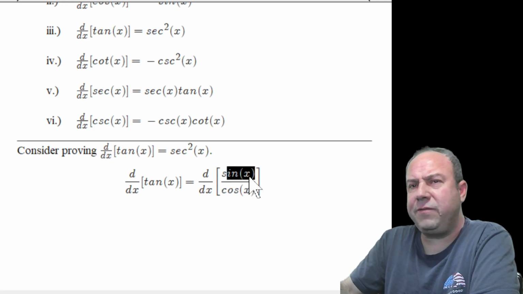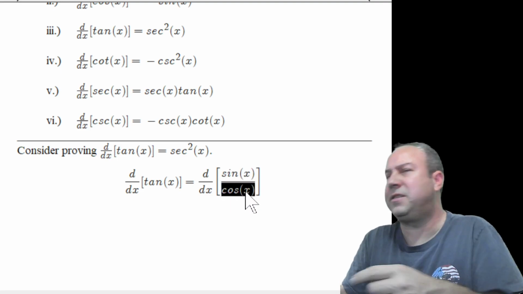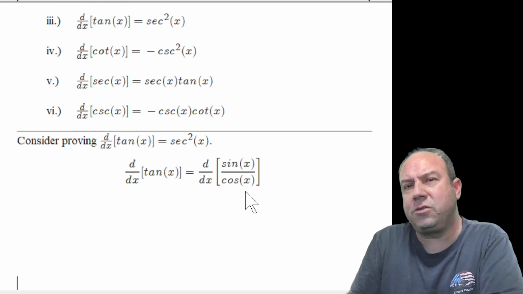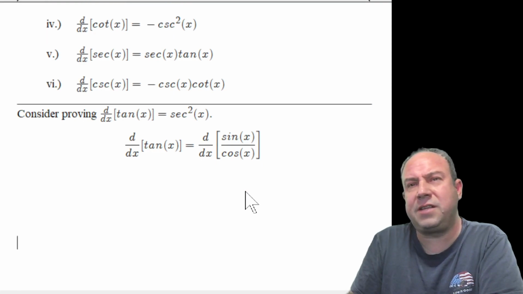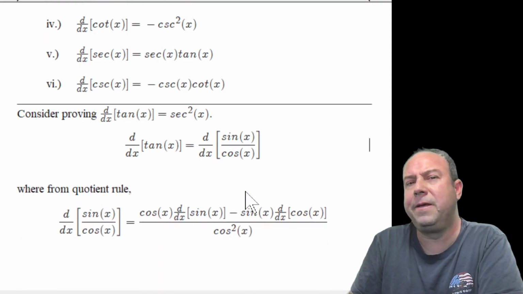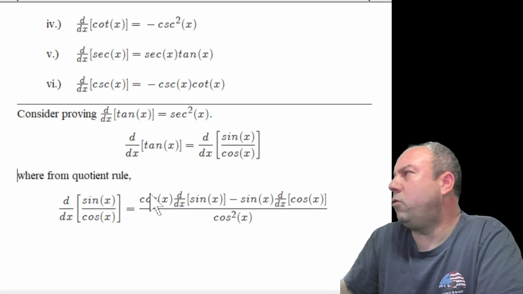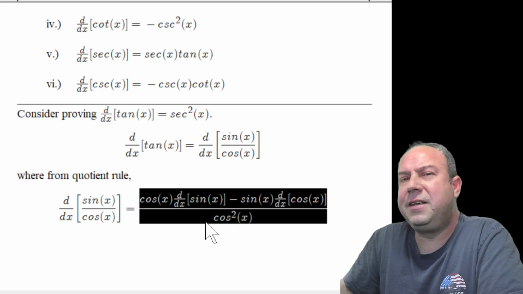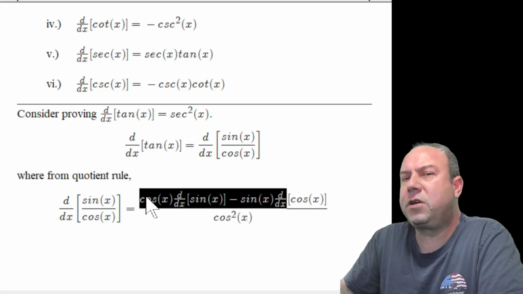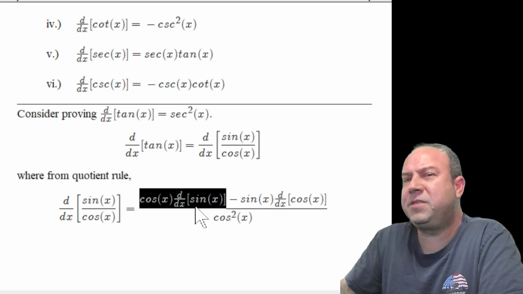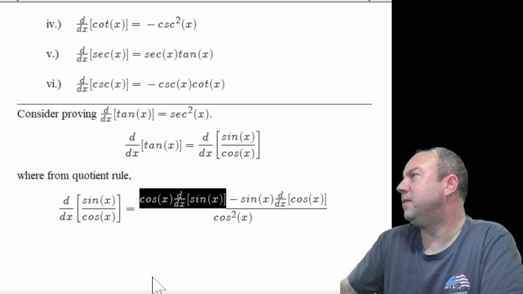Where we know their individual derivatives. Derivative of sine is cosine, derivative of cosine is opposite sine. And if we arrange those derivative results, as well as f and g, into our quotient rule, from the quotient rule, we'd be able to say that the derivative of sine over cosine is the cosine of x times the derivative of sine x, right?